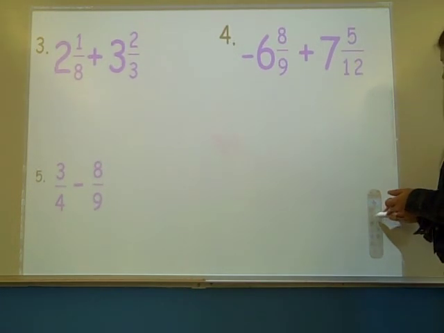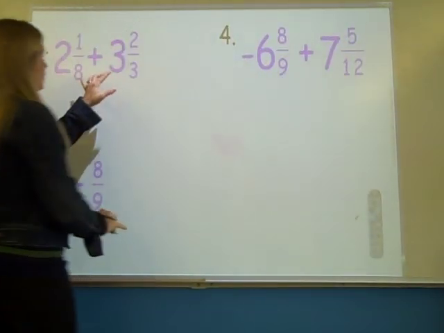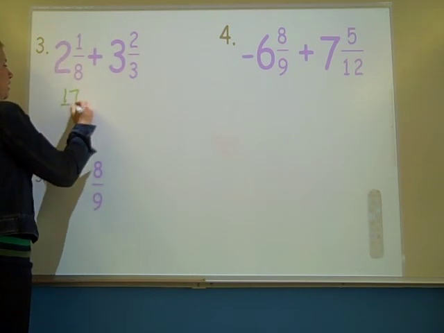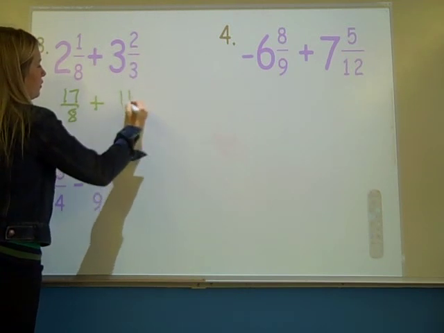Okay, number 3. They do not have common denominators, so 8 and 3. Well, actually, let me make them improper first. I take that back. 17 over 8 plus 11 over 3.